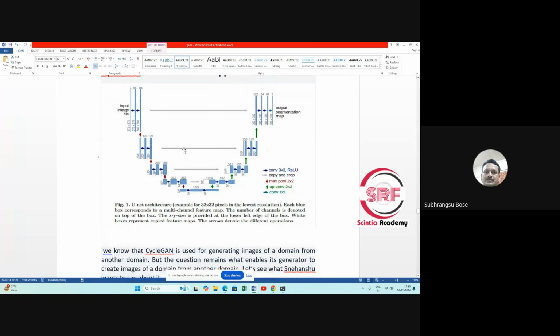For the unpaired case, for unpaired images, what is our goal? Our goal is to generate an image of a new domain from another domain. Zebra to horse: the domains of zebra and horse are different.